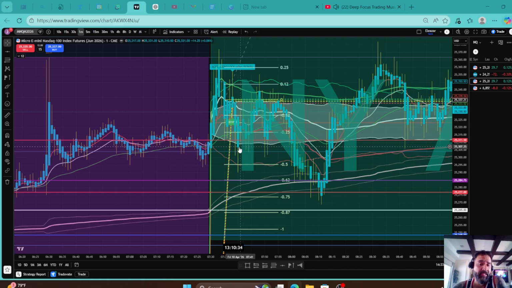I notice it doesn't get out of my Remitar cloud here, nor the Remitar red line here. Remember, Remitar has this boundary here. This is Remitar 2, 2.2 I think it is, and I have this other line here. You see this structure here. So I'm like, okay, it's not going past it, so I stayed in the trade.